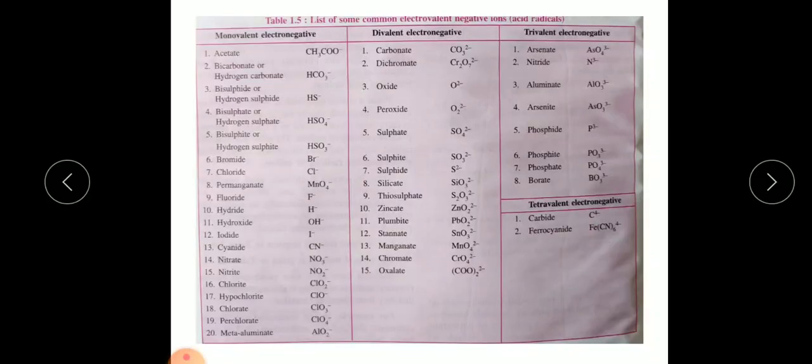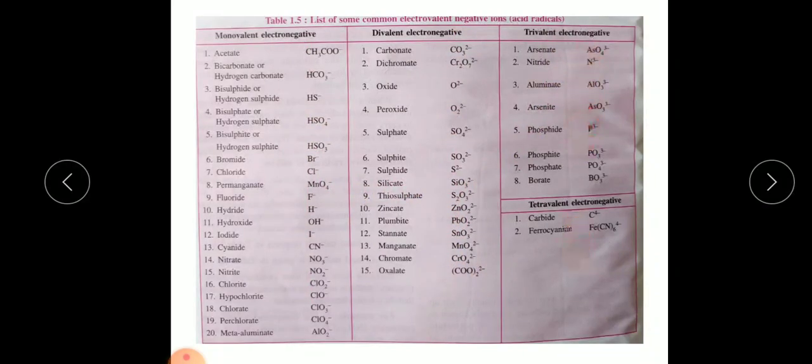Next, this is the list of electronegative ions or acid radicals. Before this we saw basic radicals, the positive ions. Now the negative ions or acid radicals: monovalent, divalent, trivalent and tetravalent.